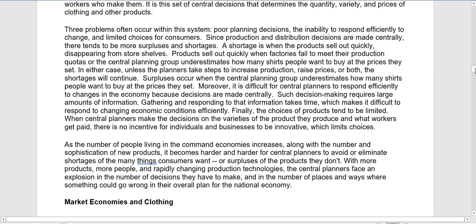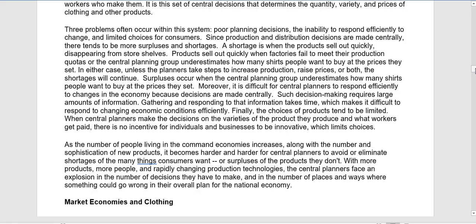Three problems often occur within this system: poor planning decisions, the inability to respond efficiently to change, and limited choices for consumers. Since production and distribution decisions are made centrally, there tends to be more surpluses and shortages. A shortage is when the products sell out quickly, disappearing from store shelves.